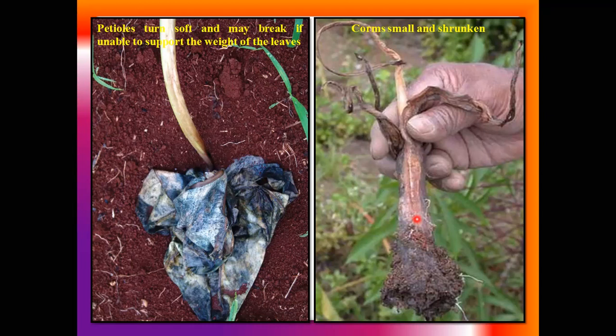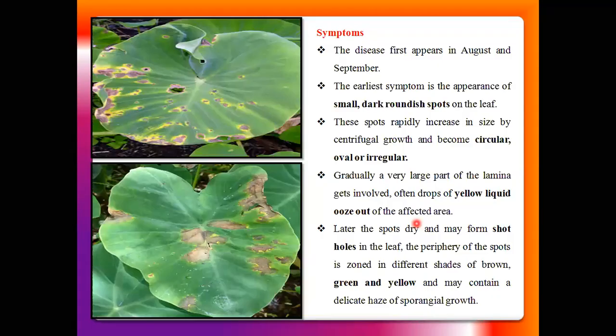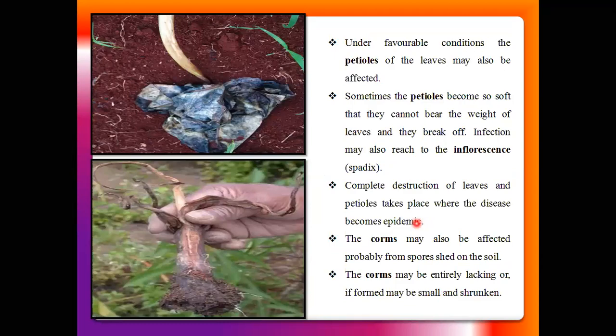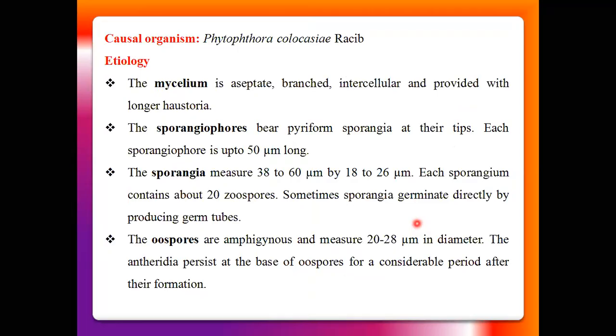Okay, so these are the symptoms of blight disease seen on Colocasia. Then which pathogen is responsible for producing the blight disease in Colocasia?